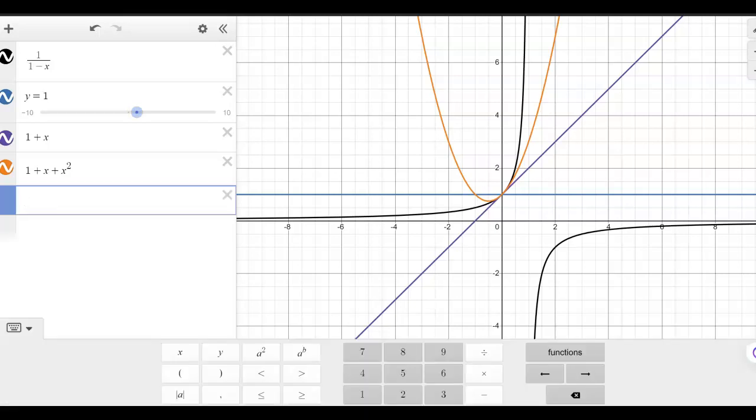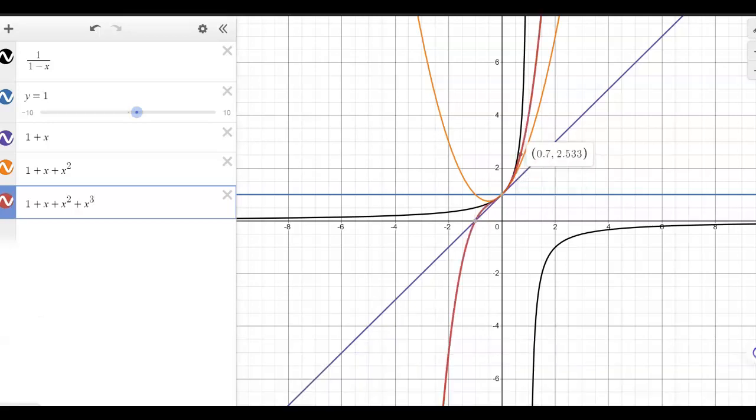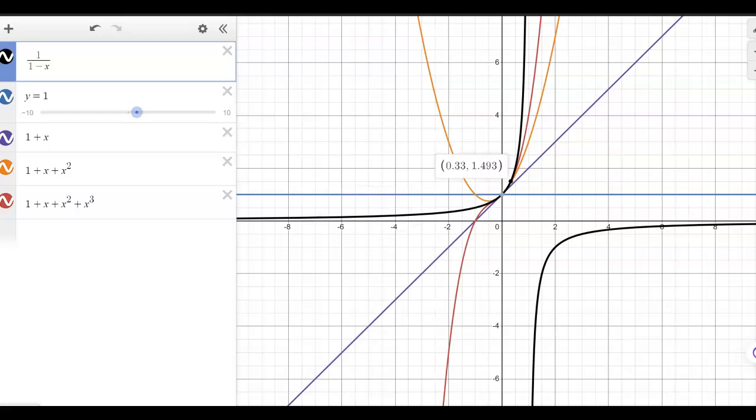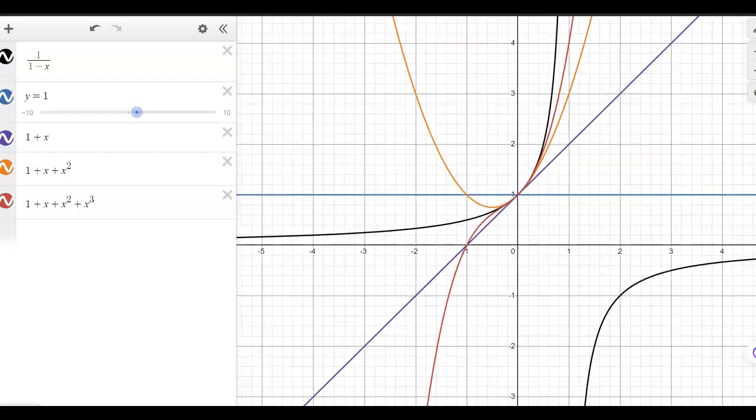So let's look at a third term expansion. So that's doing 3 terms. 1 plus x plus x squared plus x cubed. So I can come in a little bit here, I believe. There we go.